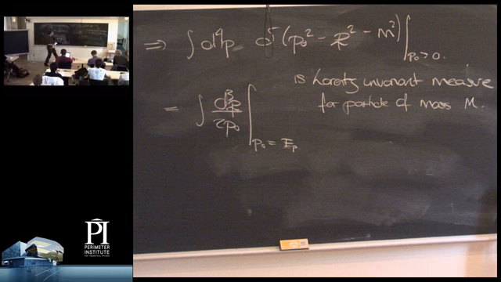So if you want to integrate over 3 momenta and not 4 momenta, the way you do it in a Lorentz invariant fashion is you have to put a 1 over 2 times the relativistic energy of the particle.